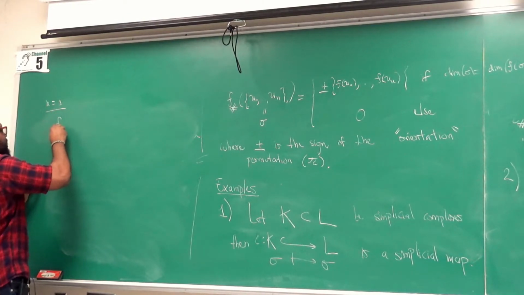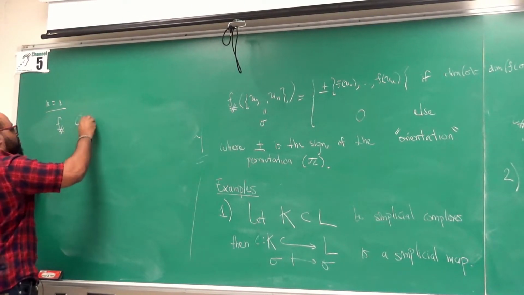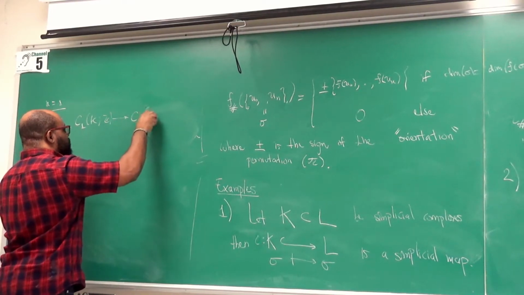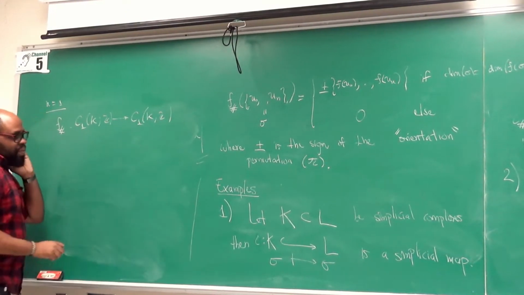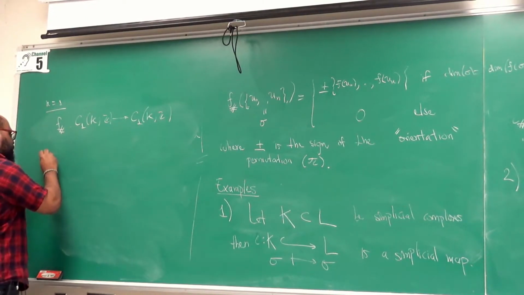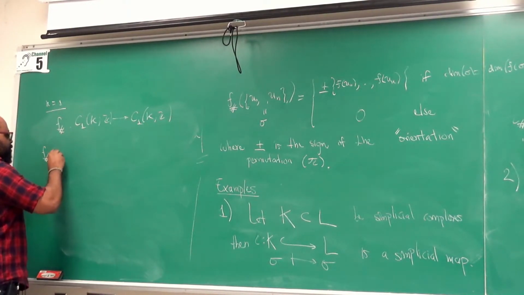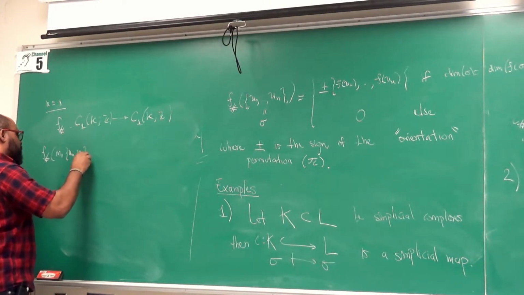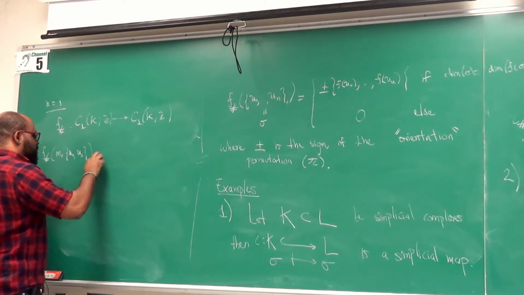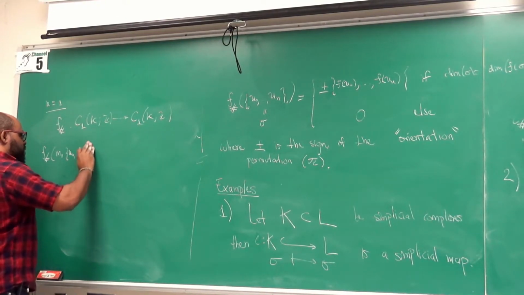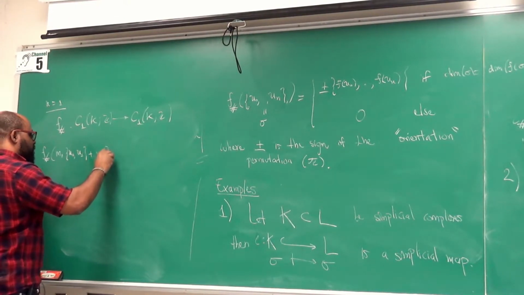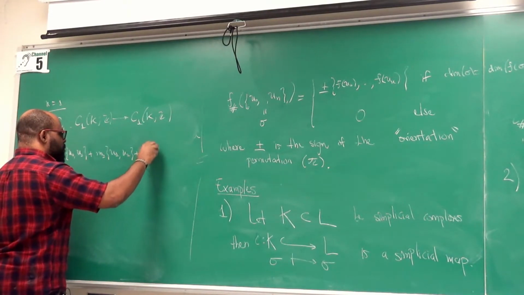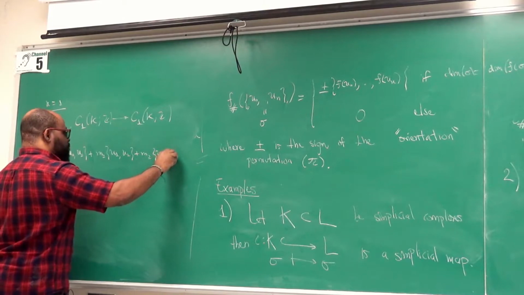This is the one that is interesting. Okay, so we are looking at F sharp of M0, say U0, U1, plus M1, U1, U2, plus M2, U0, U2.